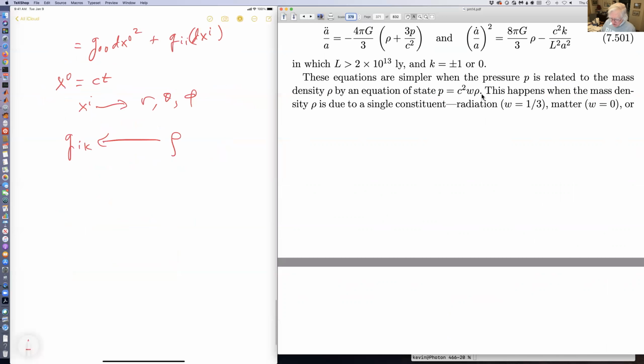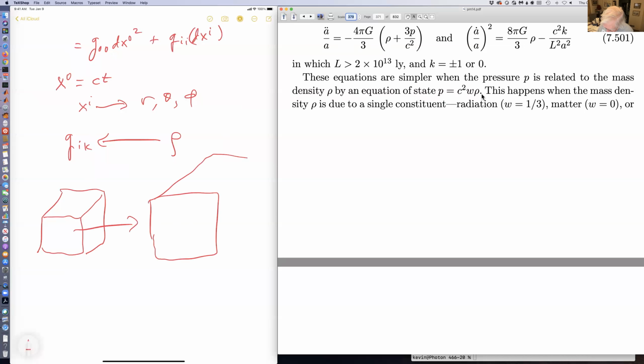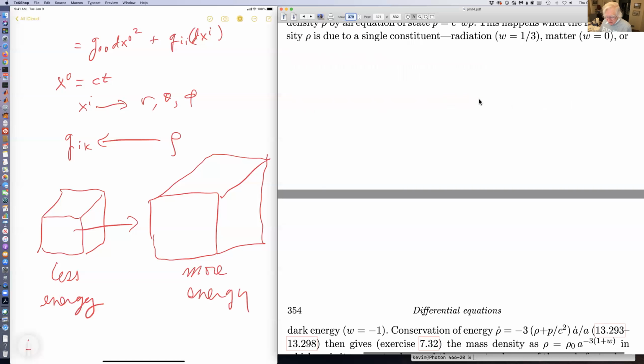And the reason why the pressure is negative is that if you expand the universe so that it becomes bigger, then there's more energy, because there's more volume, because we're talking about dark energy in which space itself has energy.